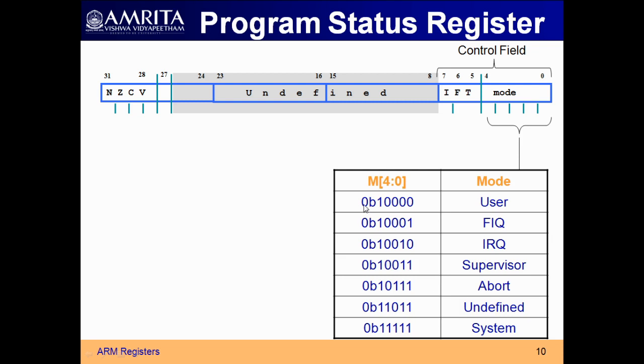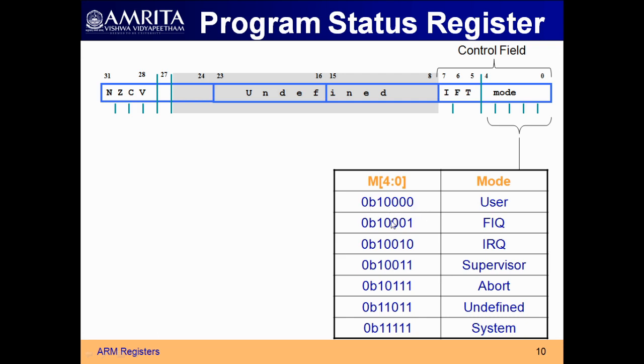Then what is the 0B? 0B shows that the next numbers are binary numbers. If it is a hexadecimal number, you will write it as 0x. If it is a decimal number, you will write it as 0D. So 0B is a prefix showing that the number coming after it is binary.